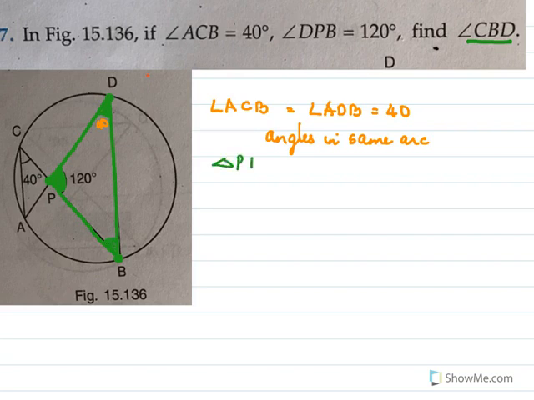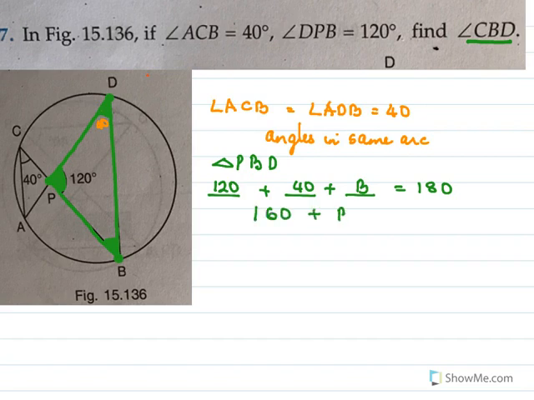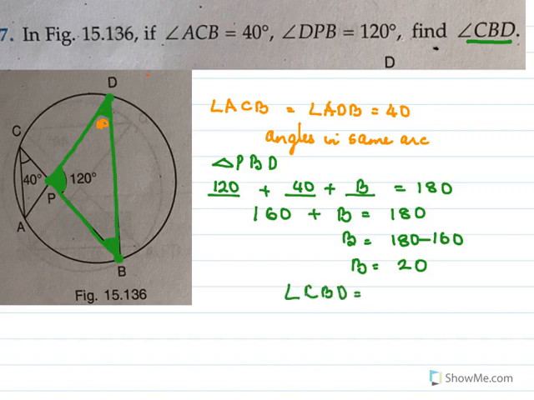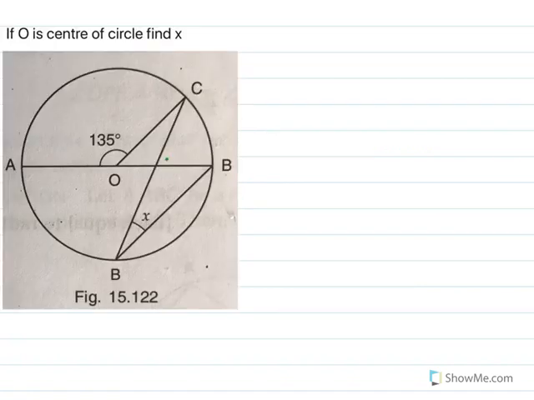So in triangle PBD, the three angles equal 180. So that is 120 which was given to us, 40 plus angle B equals 180. So 120 plus 40 is 160, plus B equals 180. So B equals 180 minus 160, and B equals 20. And angle B is also CBD, equal to 20.